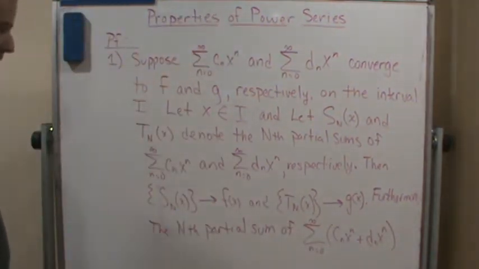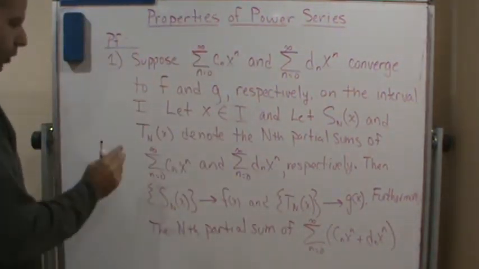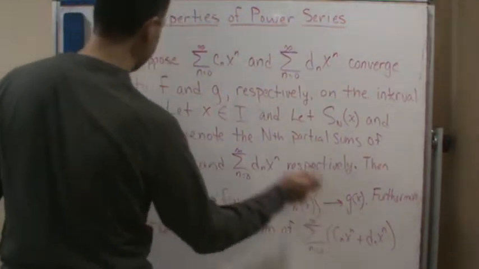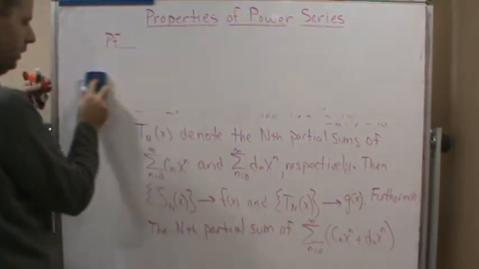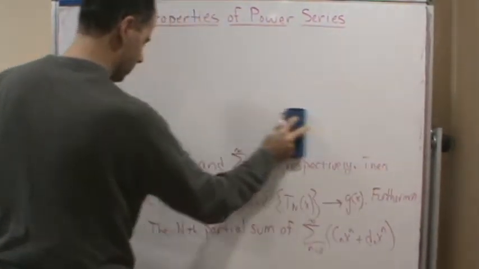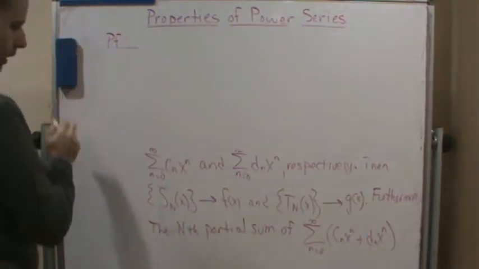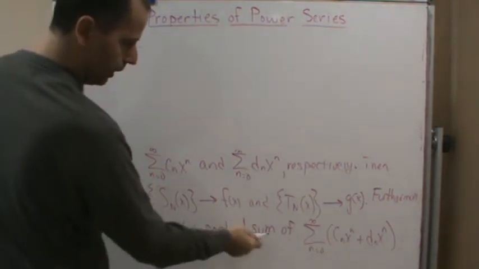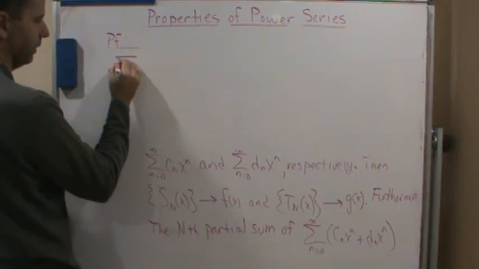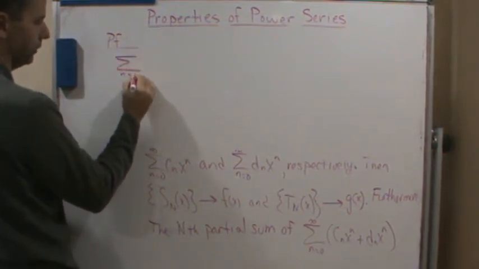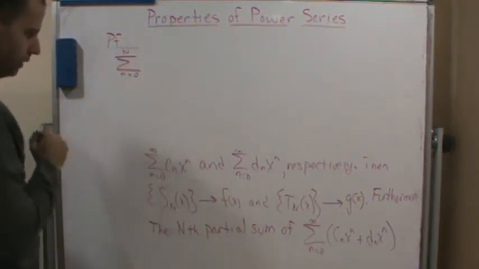Well, we represent this as an nth partial sum. Let's go back up here. The nth partial sum of this is going to be n equals 0 to N.